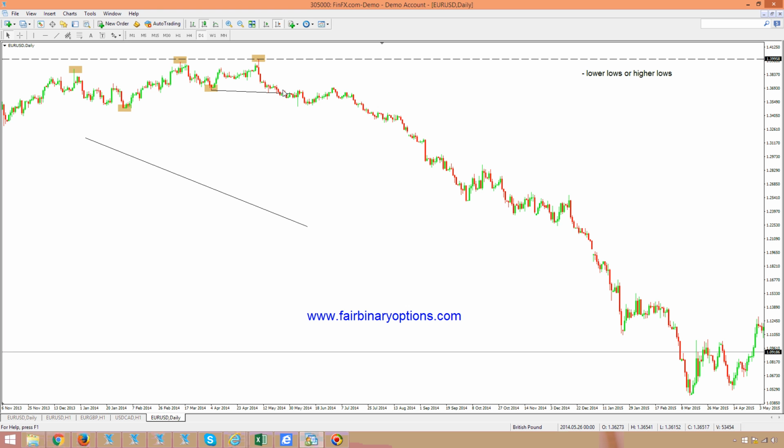By the moment that the trend line is broken, we know that the previous trend is losing its strength, and we should look for the beginning of a new trend.